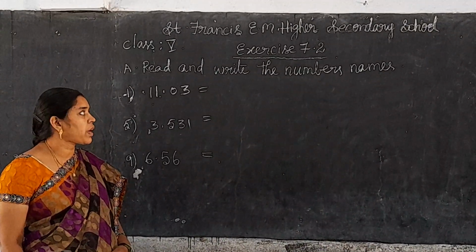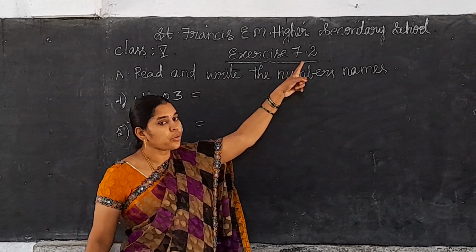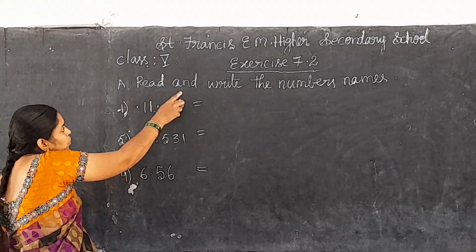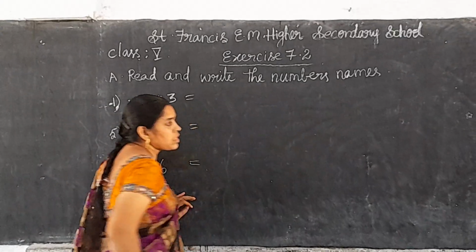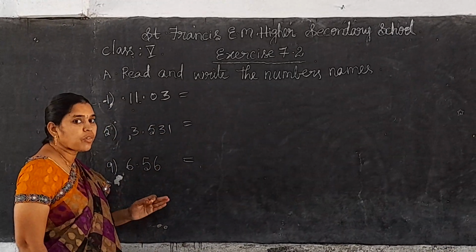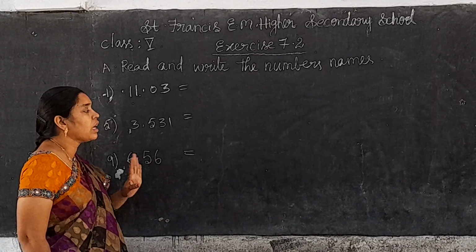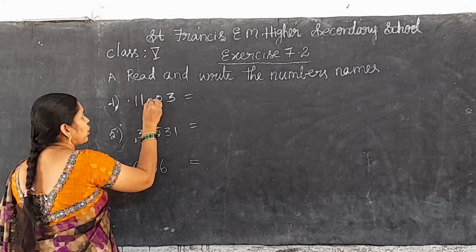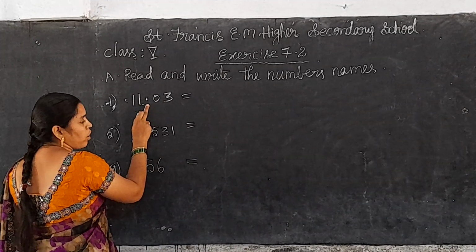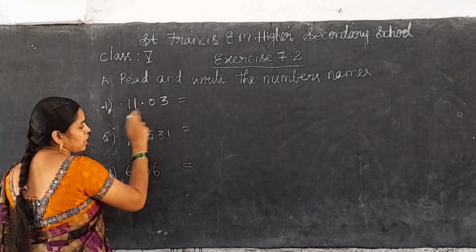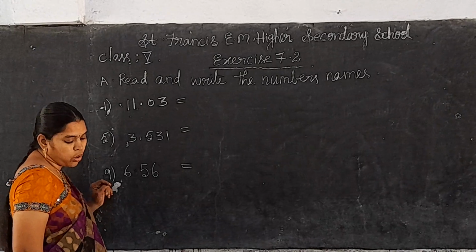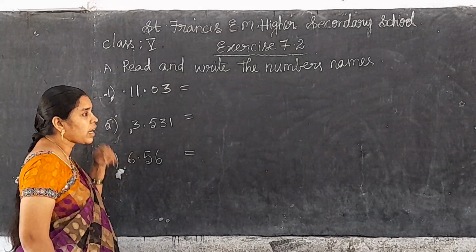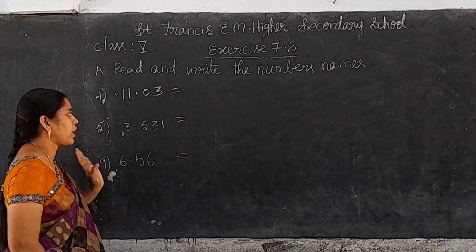Now I am going to explain exercise 7.2 in the 7th chapter. See, read and write the number names. This is the question. First you read the number, then you write the number name. See, the first one I am reading. Listen carefully. 11.03. What I read, that you have to write.